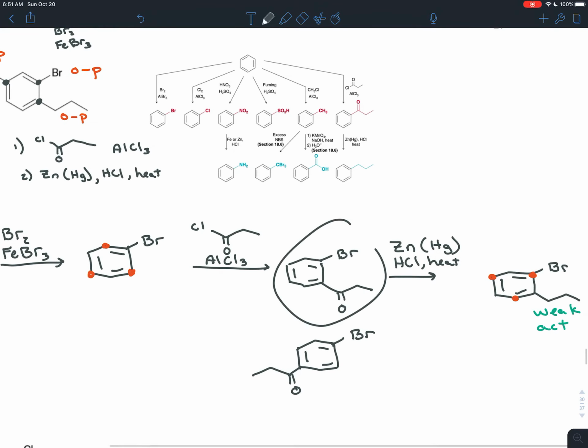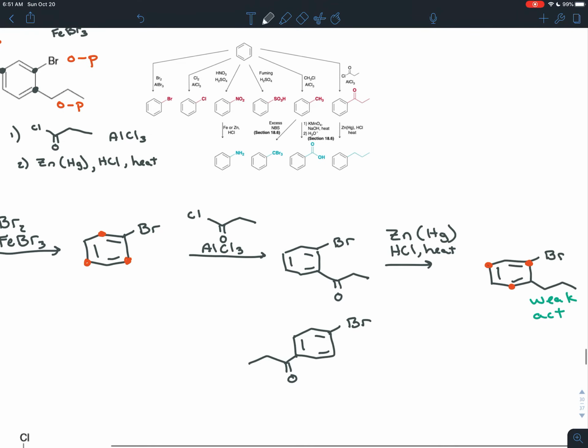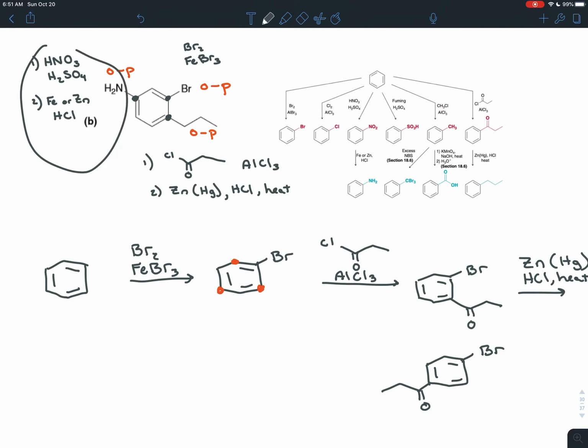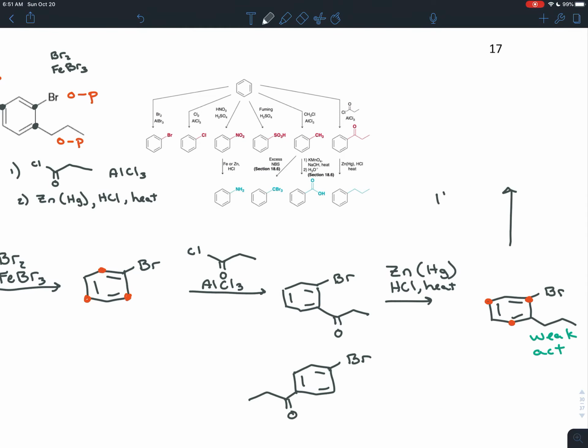So you get both of those products, but we can use the top one. So we can separate them and then continue with the reaction. So now we have that alkyl group, that's the strongest activator, it's an ortho-para director, and if we can add our third group, this is going to be in two steps. First, we'll add nitric acid and sulfuric acid.